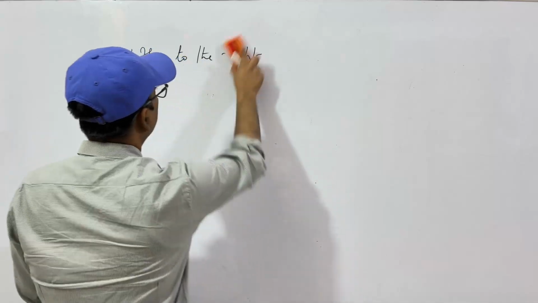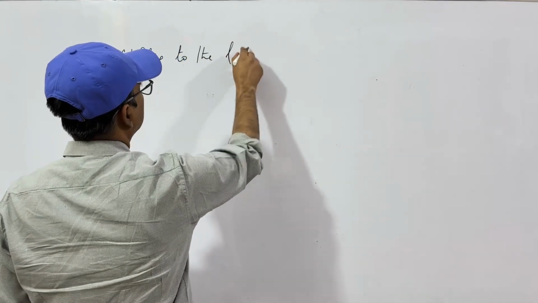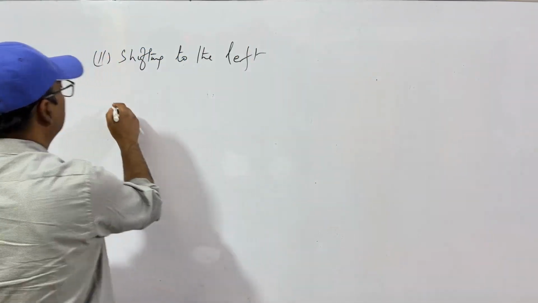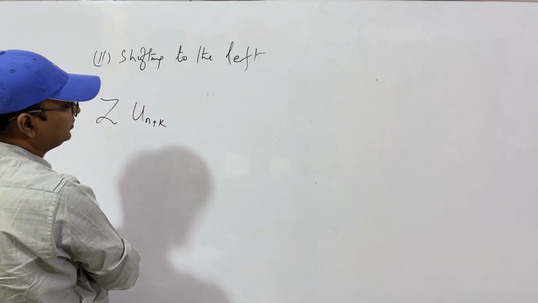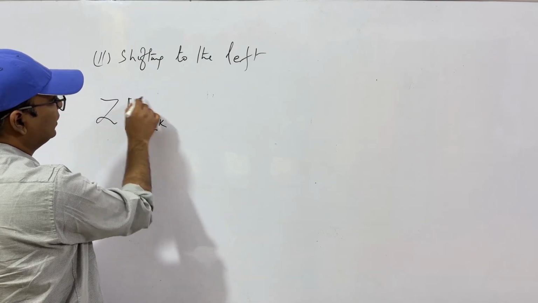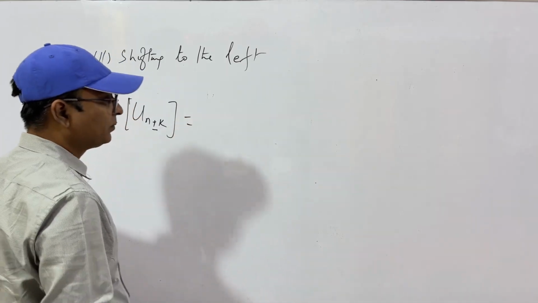So what we do is shifting to the left. This will be your second property. So that will be Z of u(n plus k). How to get this?